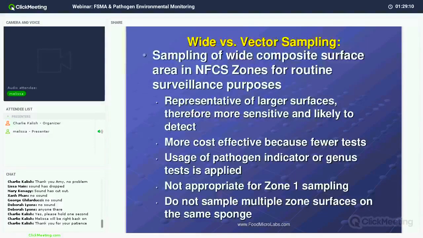So strategy. Strategy is everything, and there's many times when I have walked into a firm where the agency is sampling large numbers of samples in their process environment, and the agency finds a lot of positives, or more positives than you typically find, because they're sampling more than you typically sample.